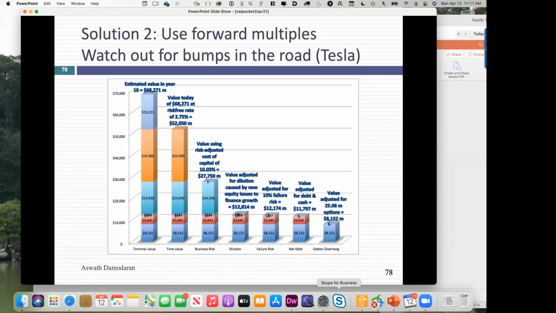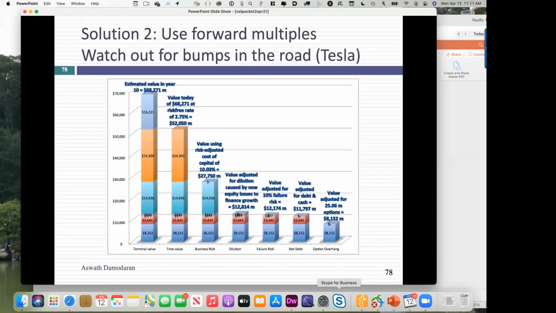And because you've done your intrinsic valuation already, this should be relatively straightforward, right? If I asked you, what's your revenue in year 10? You go to your DCF, there's your revenue in year 10. So instead of applying a multiple of revenues to today's revenues or today's earnings, you apply it to year 10 numbers.